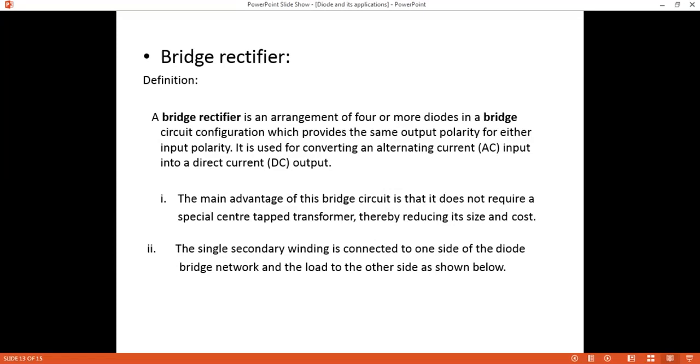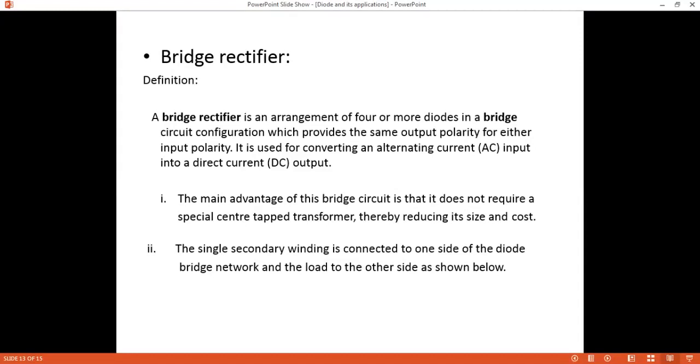The main advantage of this bridge circuit is that it does not require a special center tap transformer, thereby reducing its size and cost. But in the case of a full-wave rectifier, we have a center tap transformer. In the case of a bridge rectifier, there is no need for a center tap transformer. That is very, very important.